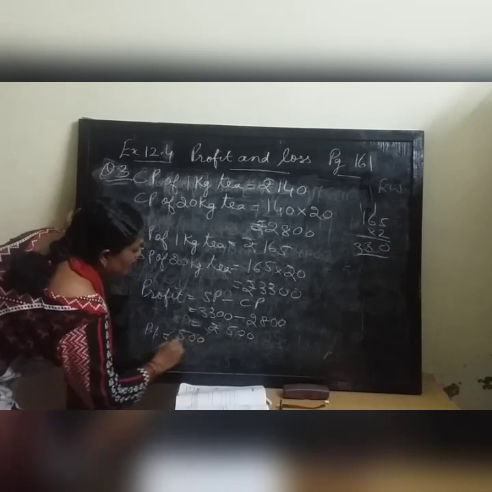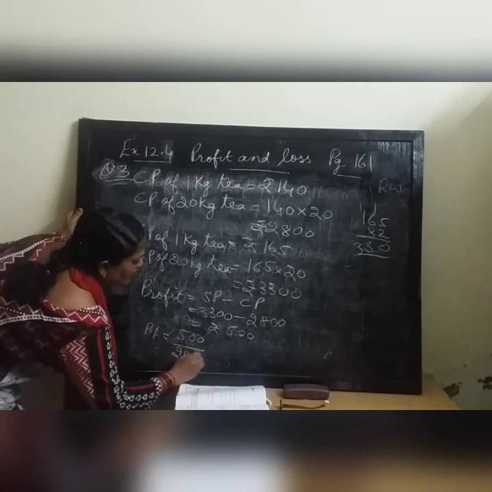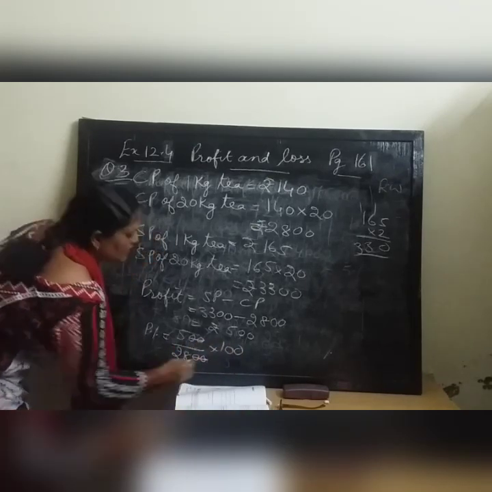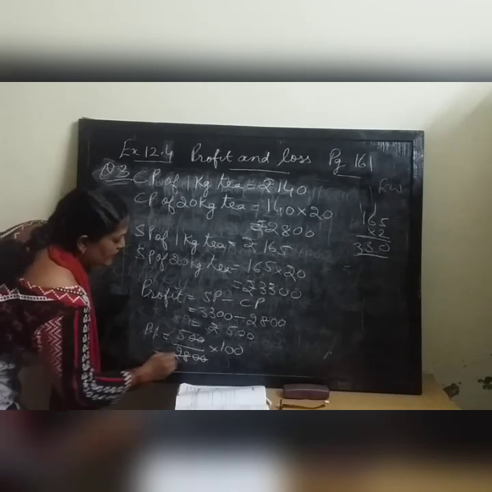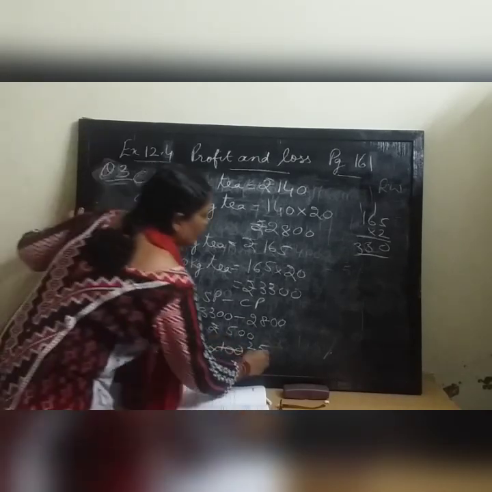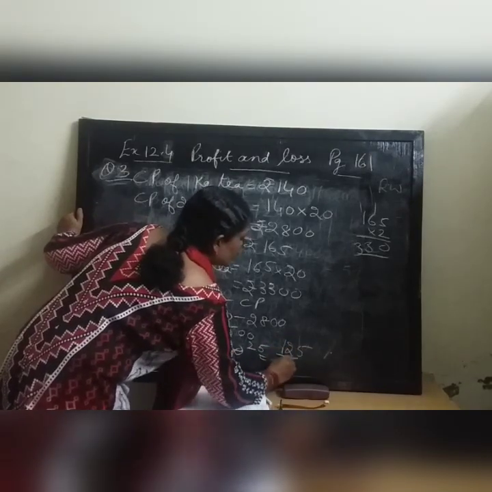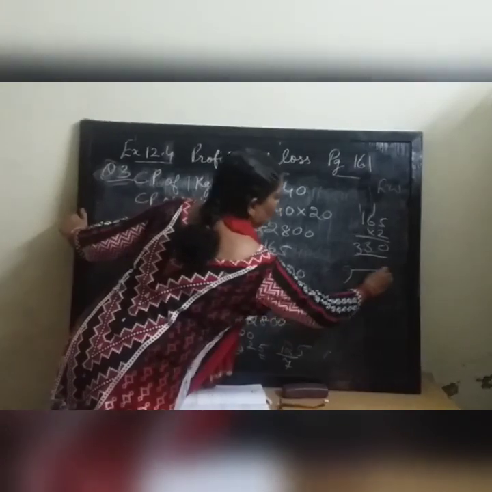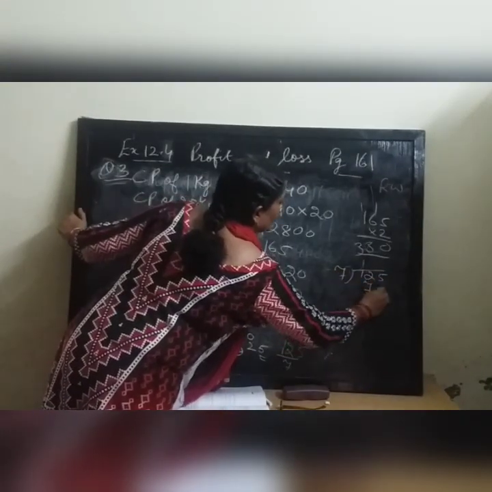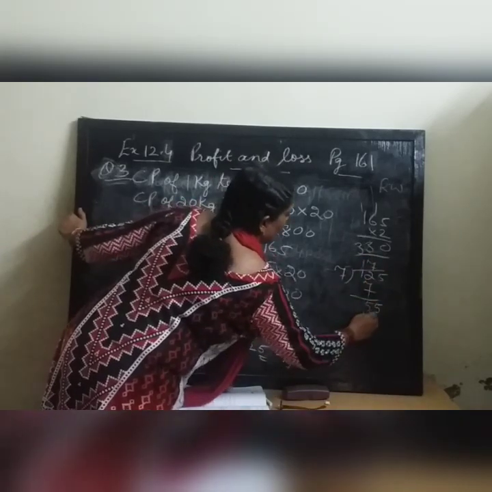Now we have to find the profit percent. Profit over cost price, we have to take total cost price. 500 over 2800 into 100. 2 zeros, 2 zeros cancel. 4 sevens are 28, 4 twos are 8, 24, 5 fives are 25, so 125 over 7. You can change it into decimals. 125 over 7. 7 ones are 7, 55, 7 sevens are 49.